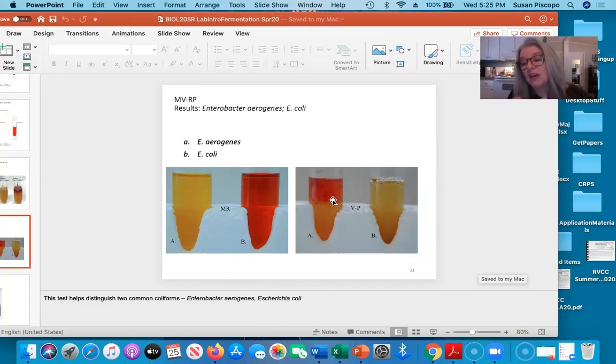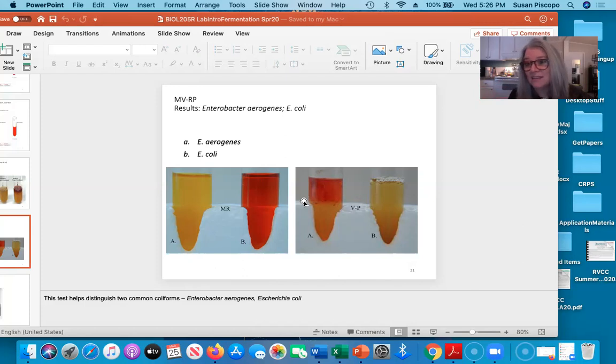But this picture happens to show a nice bright red ring. So this test is positive. This tells us that Enterobacter aerogenes, again, our first organism, when it ferments glucose, it makes a neutral product. It makes acetoin. So the MR told us that when it ferments glucose, it does not produce an acid. The VP test told us instead it produces a neutral product.